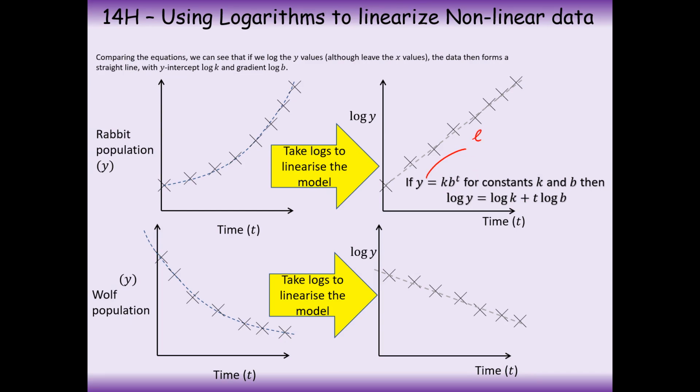If you take log of both sides, you'll have log of y equals log of k b to the power t. Now, using natural logarithm rules, first you can divide this into log of k plus log of b. Alright, and that power of t can come and sit at the front, and therefore now you have this situation.